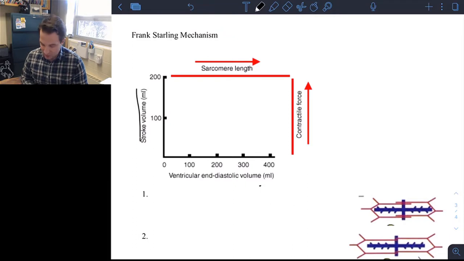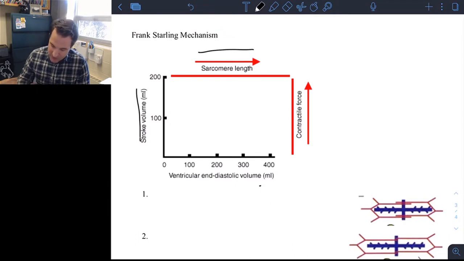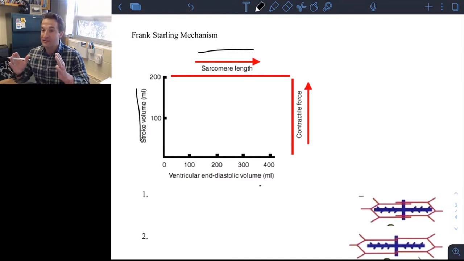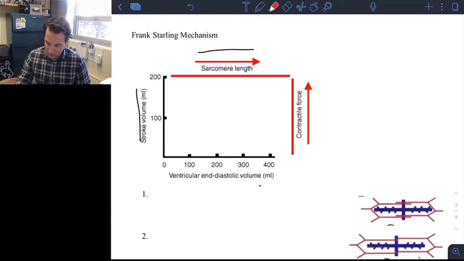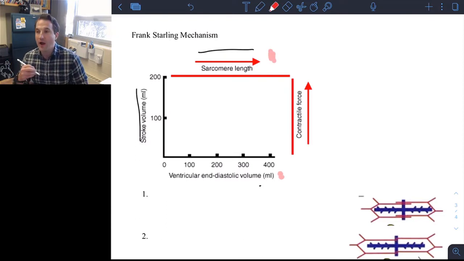Now, in concert with that, we also have sarcomere length. So if we're thinking about cardiac muscle, we have sarcomeres within the cardiac muscle as well. That sarcomere length is going to stretch as the volume in the ventricle goes up. So we can use these two x-axes as synonyms for this example right here, because as we get an increase in one, we're going to get an increase in the other one, okay?